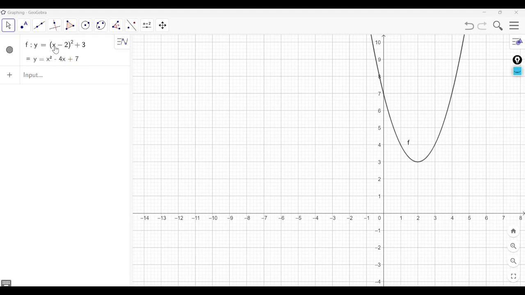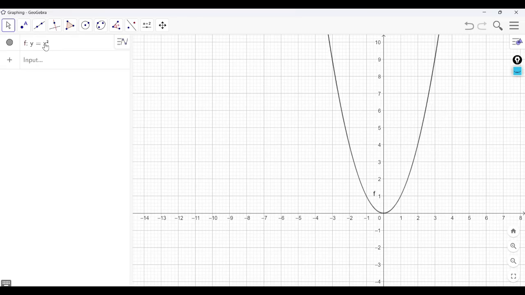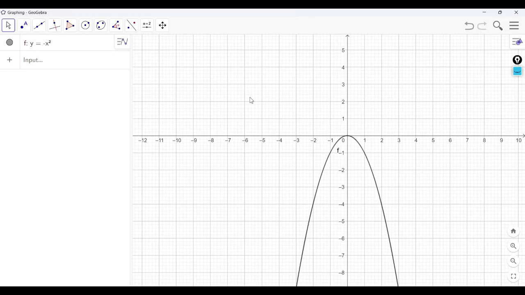What about if I put something in front of the x squared part? Let's go back to our simple function, x squared, and we'll put it all together before the video's over. Notice it goes up when I've got a positive, right now it's just x squared. If I put minus x squared, it goes down. So negative numbers will make the quadratic graph go downward from that vertex.